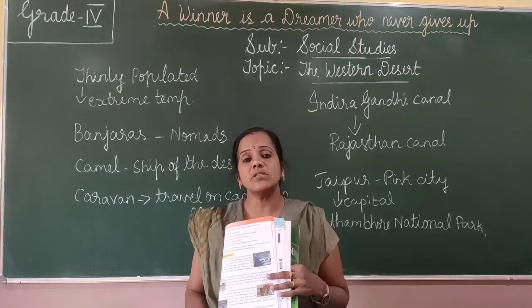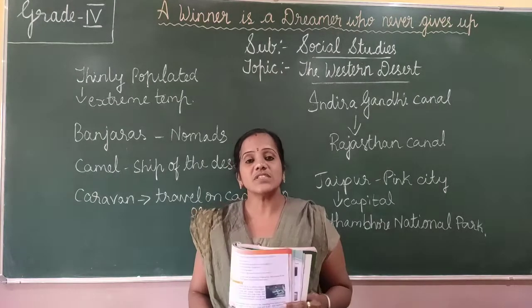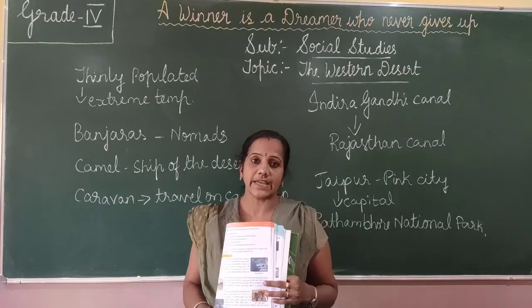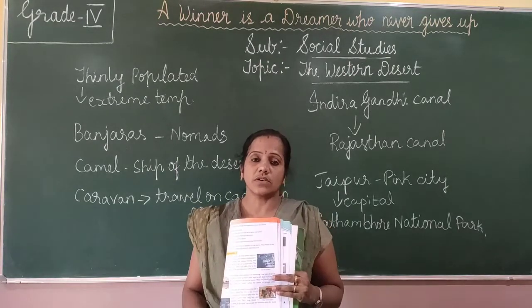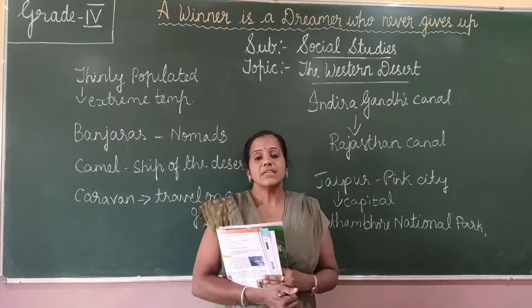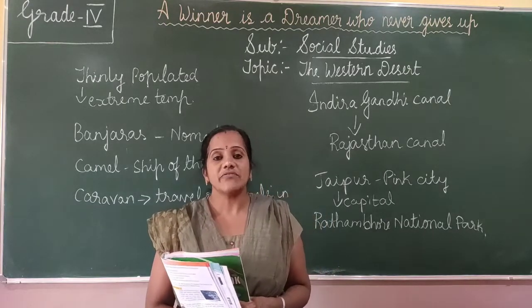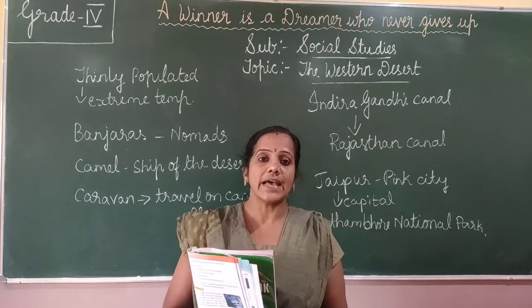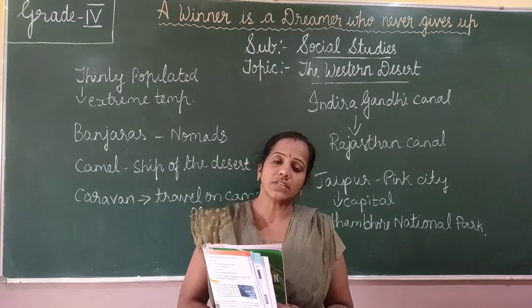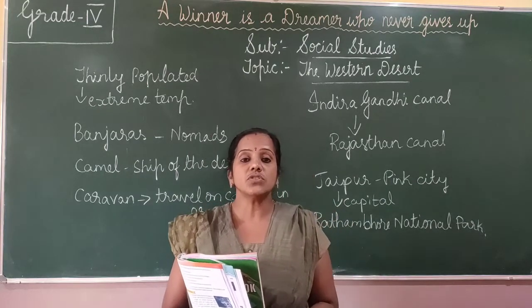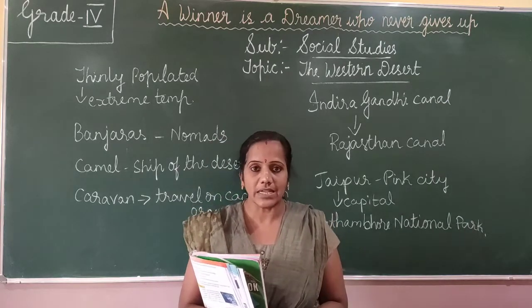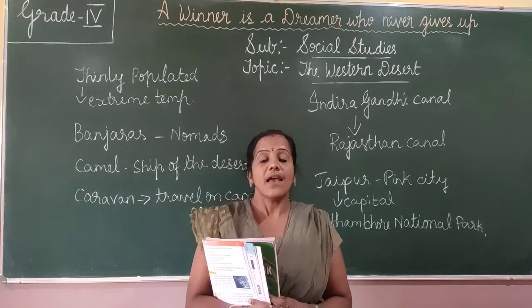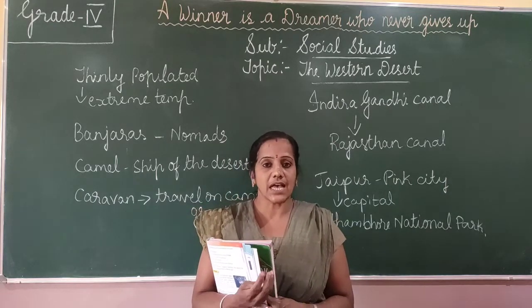Coming to the climate, the climate of this region is very hot and dry. It is very extreme. During the daytime it is extremely hot, whereas at night it is cool and pleasant. Why is it hot during the daytime? Due to the sun rays, the sand gets heated up quickly and the temperature rises high.